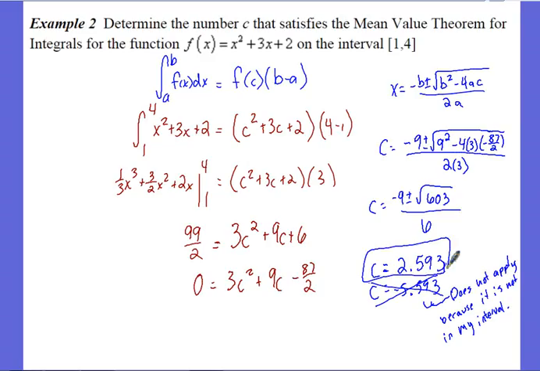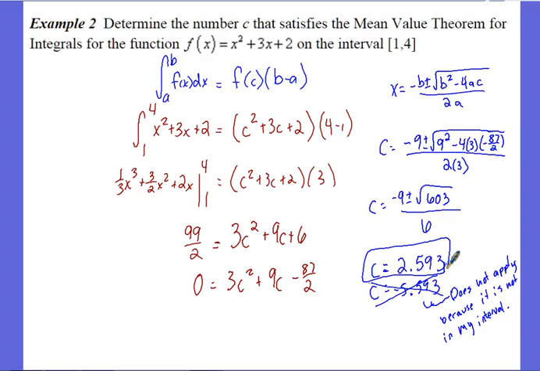What does this answer represent? Good. It's a point inside this interval. Remember, the infinite numbers between 1 to 4, right? Here is the one x that when I plug it in, it is actually equal to the average function value.